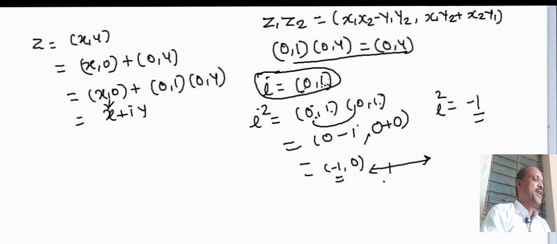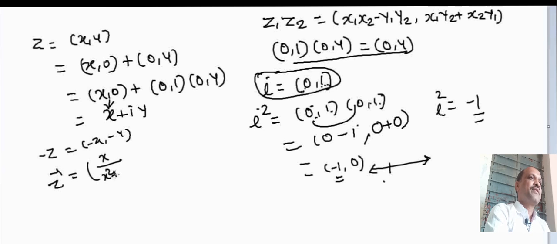Okay. Now we have seen the additive identity, we have seen the additive inverse of this number. The additive inverse of z is minus z, and minus z is minus x comma minus y. We have also calculated z inverse, the multiplicative inverse, that is x divided by x square plus y square comma minus y divided by x square plus y square.